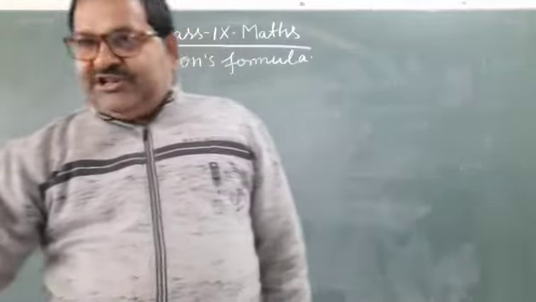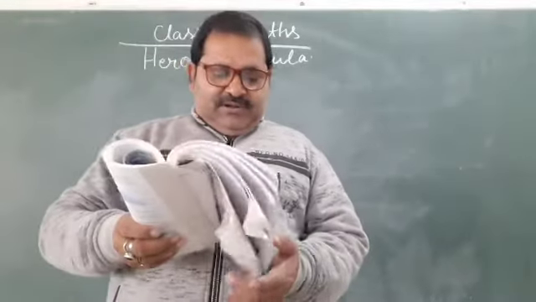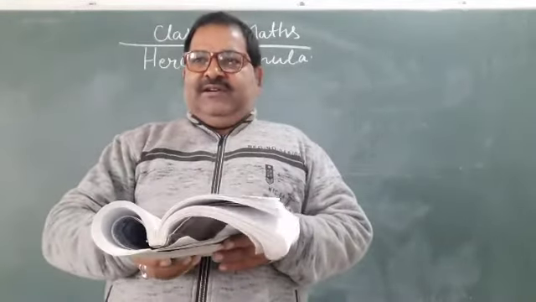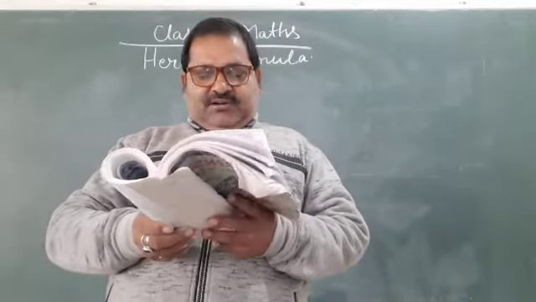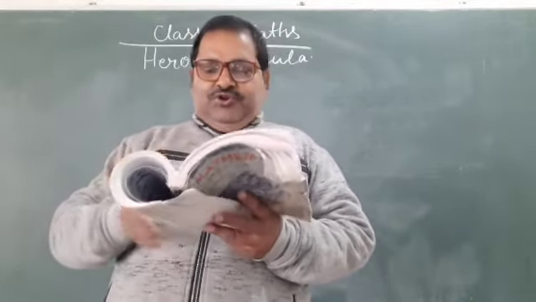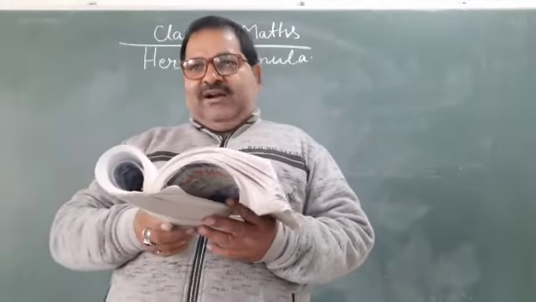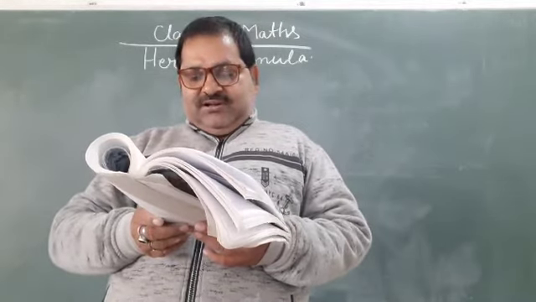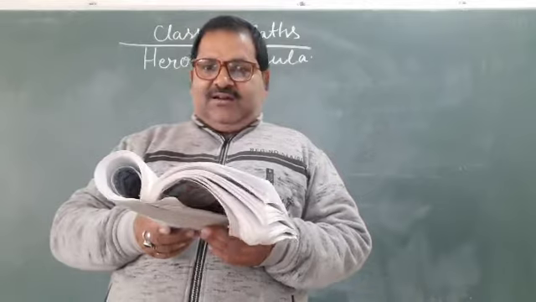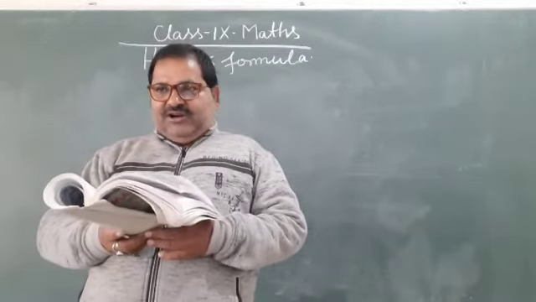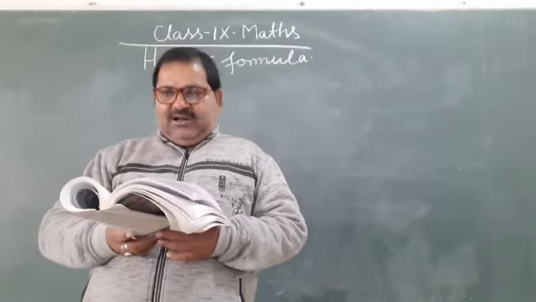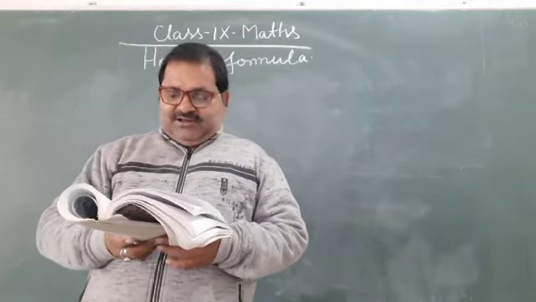Now, question number 2. The triangular side walls of a flyover have been used for advertisement. The sides of the wall are 122 meter, 22 meter and 120 meter.